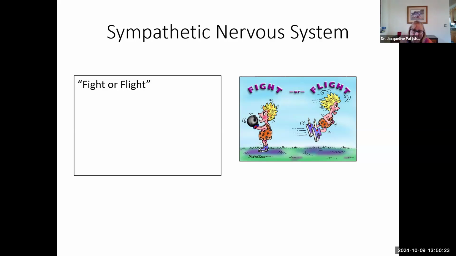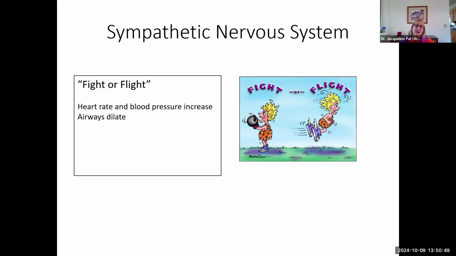So let's stop and think. If we want to run away, our heart rate and our blood pressure are going to go up, right? Kind of makes sense. All right. Our airways, the tubes that bring air to our lungs, they're going to expand. Their diameter is going to get bigger so that more air gets in.